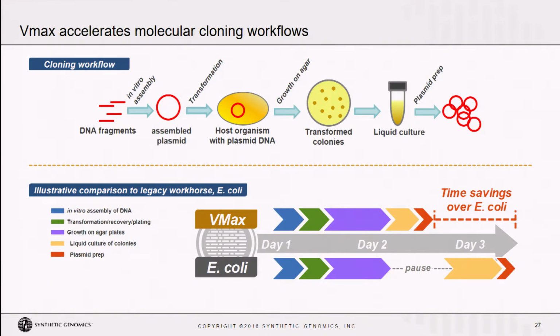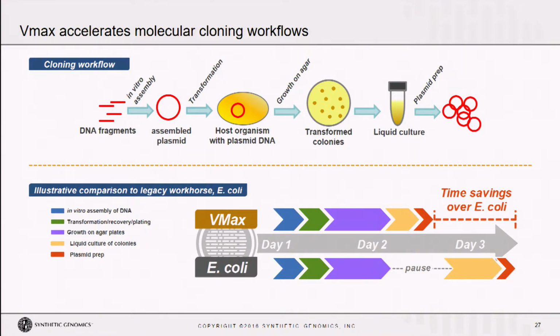A major reason initially for bringing Vmax in-house was to accelerate some of our laboratory workflows, so specifically the cloning process. So most of you are familiar with this, where you assemble your DNA fragments and then you transform them into a host organism. You then have to wait for colonies to appear on plates.